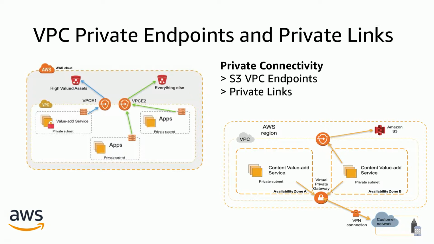Same goes if you have resources in S3 that are your tier 1 assets. Now you can lock it down such that the only way to access those assets is through VPN or through DX. Even though S3 provides you a public endpoint, this capability through the S3 VPC endpoint allows you to lock down your S3 bucket completely.